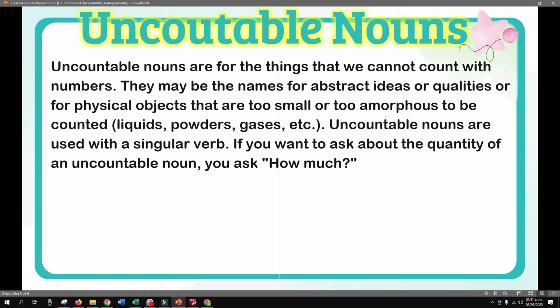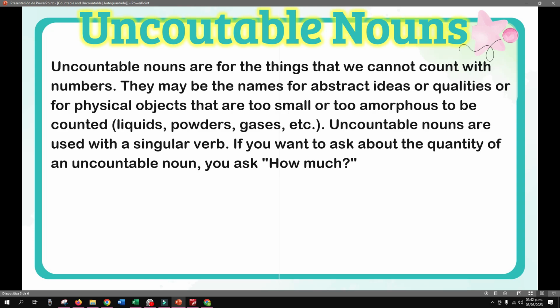Entonces, los nombres incontables, ¿verdad? Podemos decirlos así, son aquellas cosas que no podemos contar con números. Pueden ser ideas abstractas, cualidades, objetos que son muy pequeños como para contarlos, como lo es el grano del azúcar, ¿verdad?